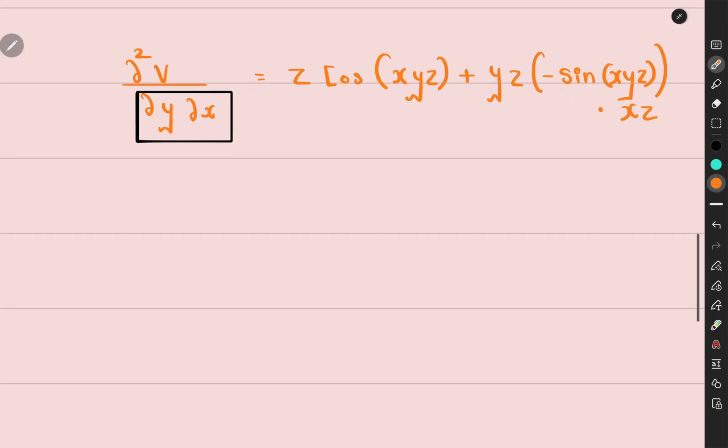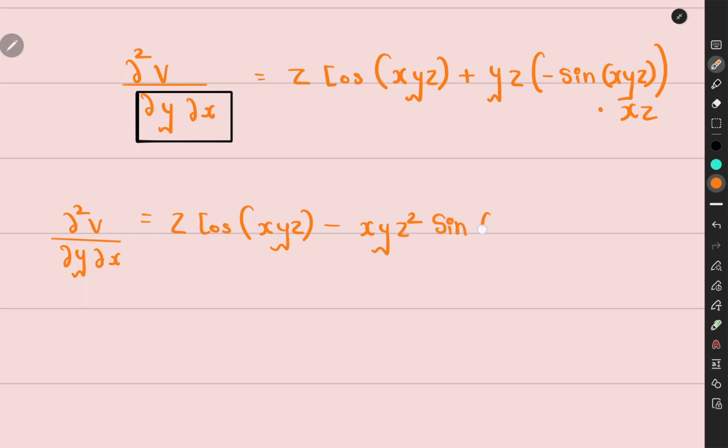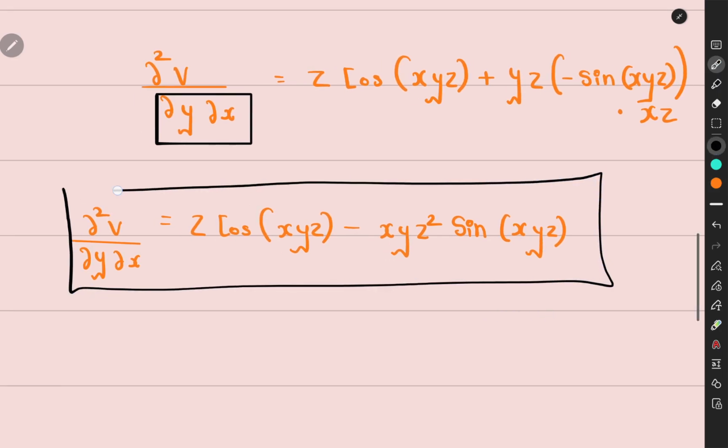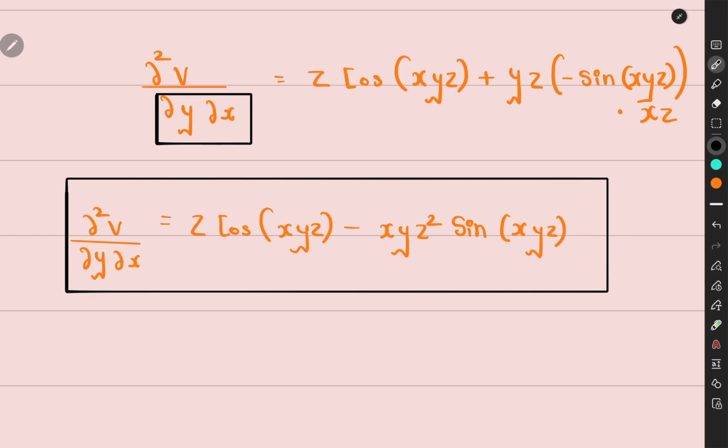So you can say del 2v by del y del x equals z cos xyz minus xyz squared into sin xyz.